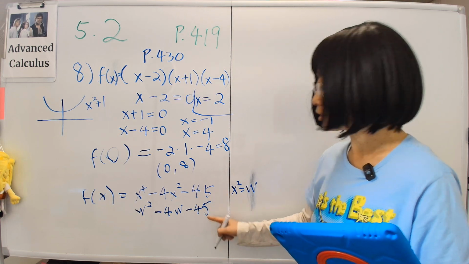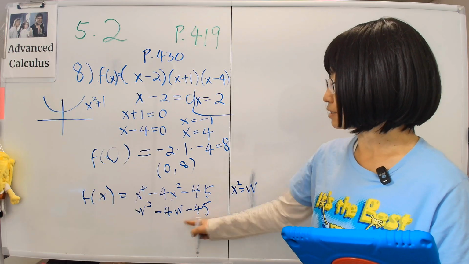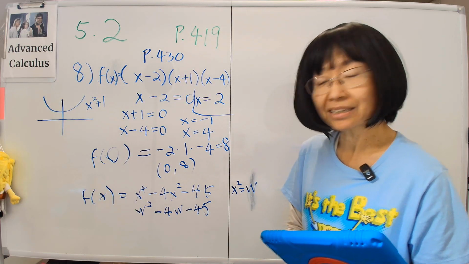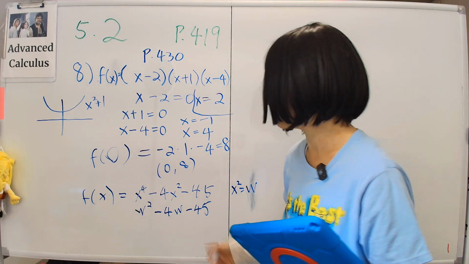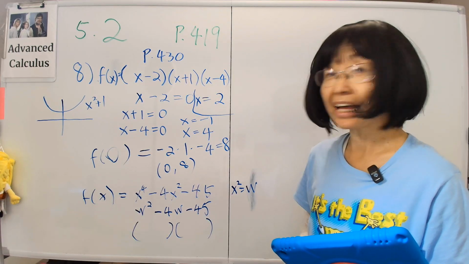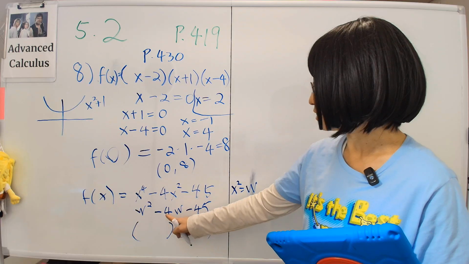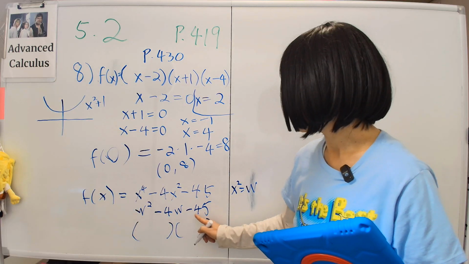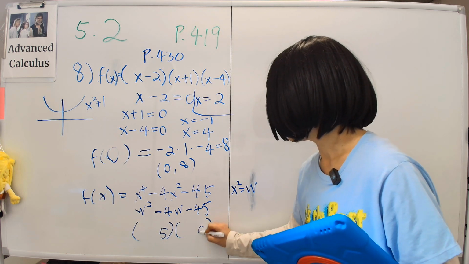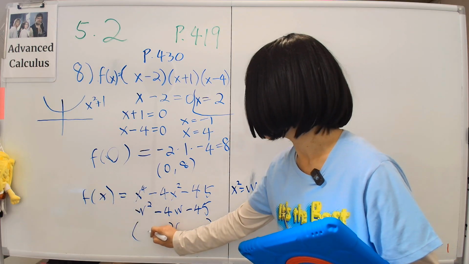And if we see it that way, this is much easier to solve because this is a quadratic function. So in the worst case scenario, we can apply the quadratic formula and factor this thing no matter what. But in this case, I think we'll have it easy. Because it's 45, and you have to crank out 45 and then somehow come up with 4, we will do 5 times 9. So 5 times 9 is 45. And then we need this to be negative, so we'll have a negative 9 and positive 5.